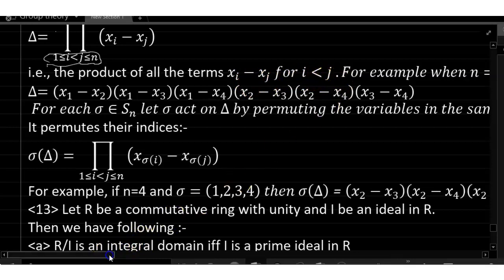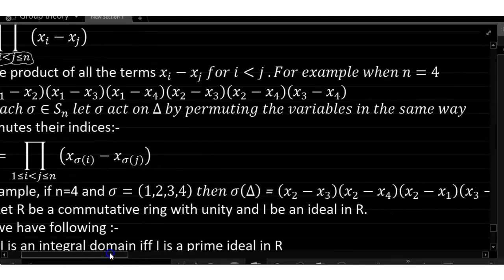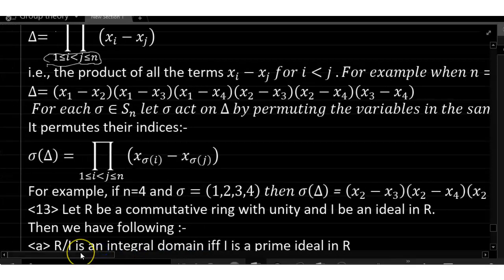For example, when n equals 4, delta equals (x1 minus x2)(x1 minus x3)(x1 minus x4)(x2 minus x3)(x2 minus x4)(x3 minus x4). For each sigma belonging to Sn, let sigma act on delta by permuting the variables in the same way sigma permutes their indices.